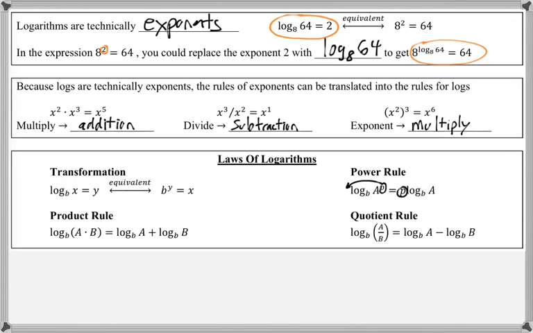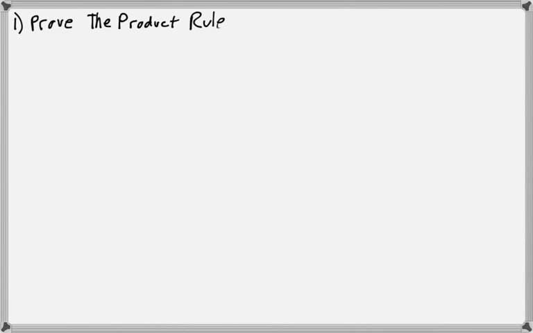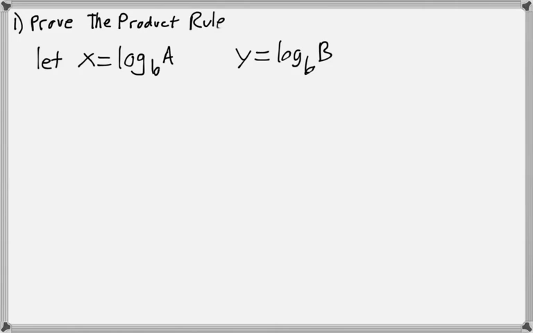So before we use these rules, I want to first prove some of them. So I want to prove the product rule and really show where it comes from. So what I want to do is I'm going to let x equal log base b of a and let y equal log base b of b.